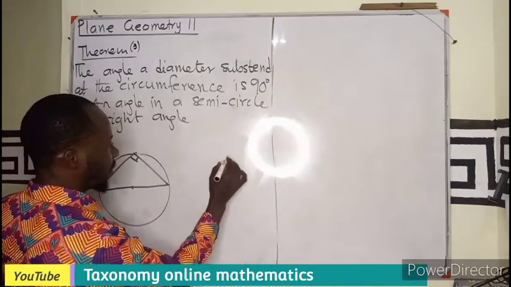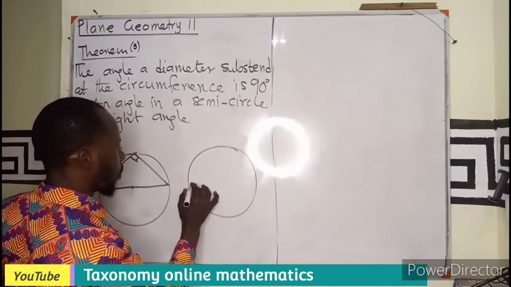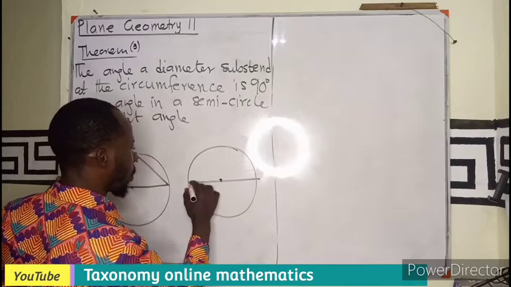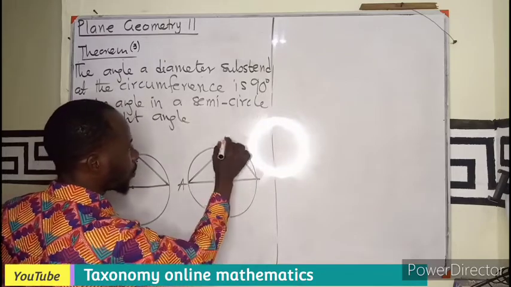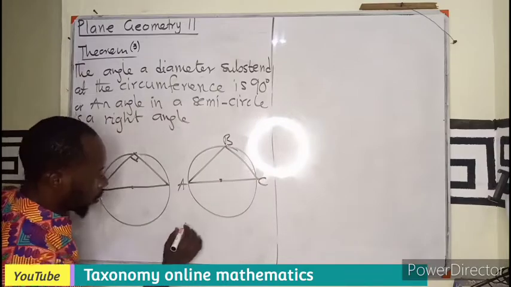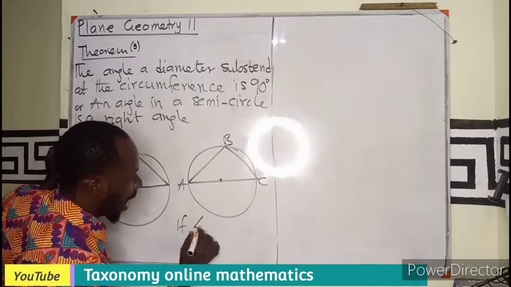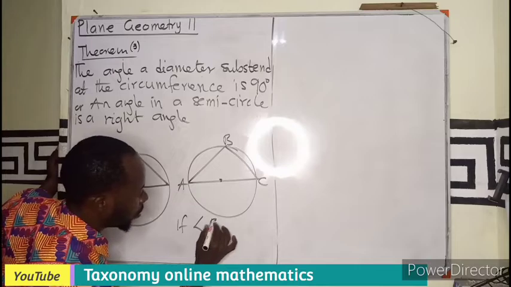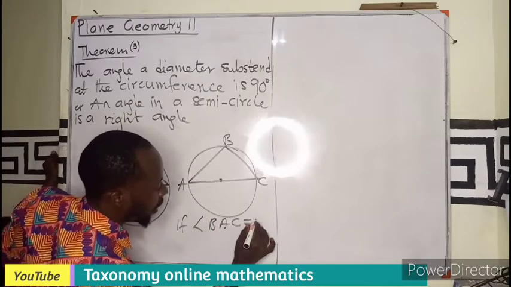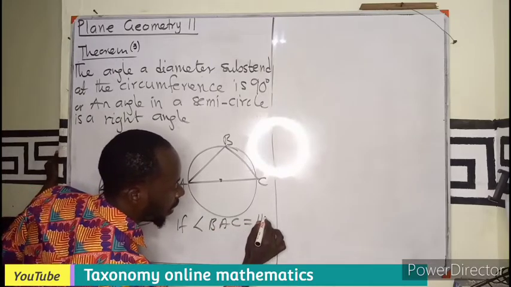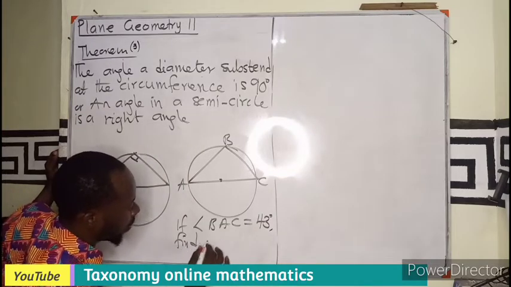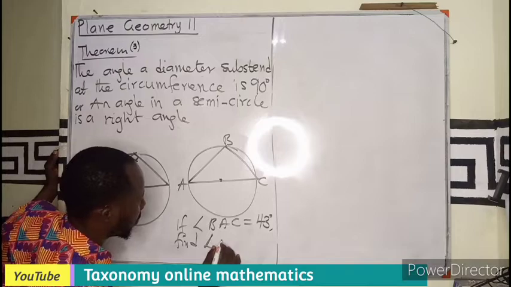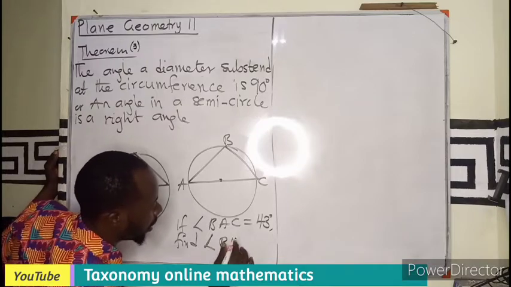So if you have a question, as in this case, we can say if angle BAC is equal to 43 degrees, find angle BCA.